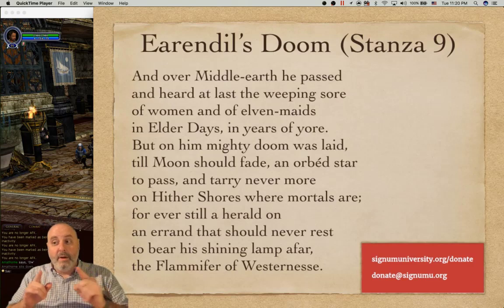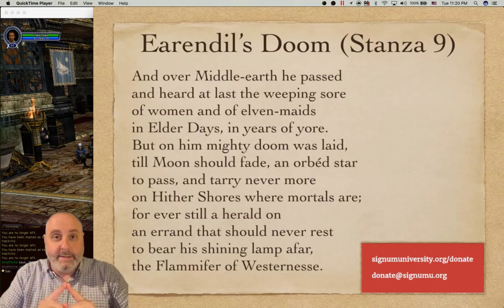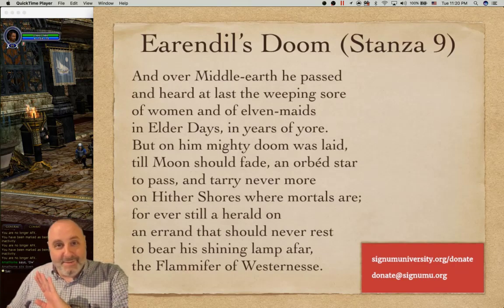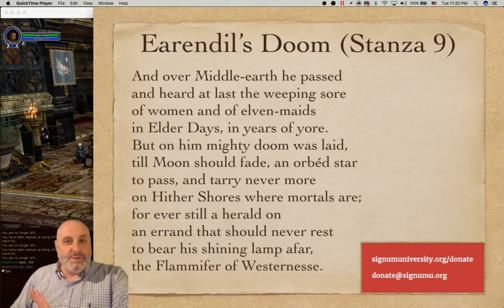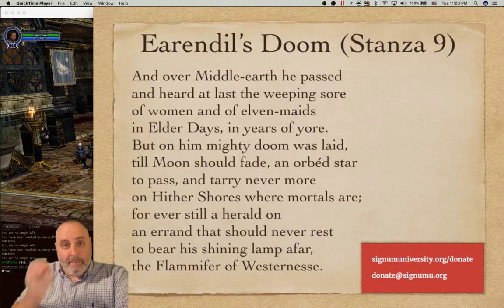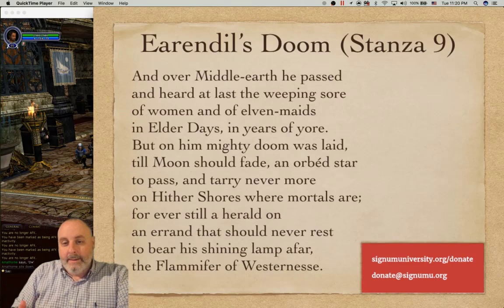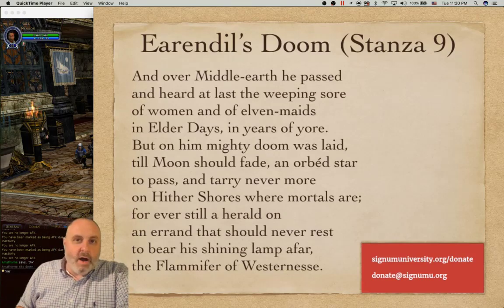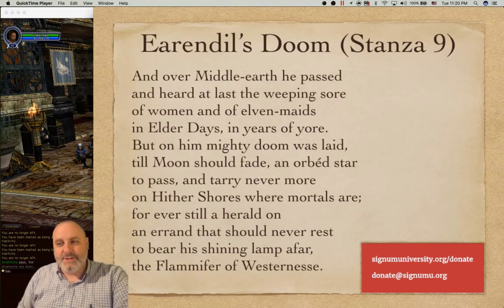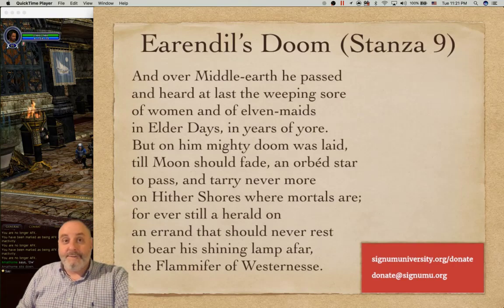And so remember, that sentence starts with but, right? So everything in the final sentence of the poem is linked to what came before by the but. But on him mighty doom was laid. Think about how that sentence would be different if it started with, say, for.